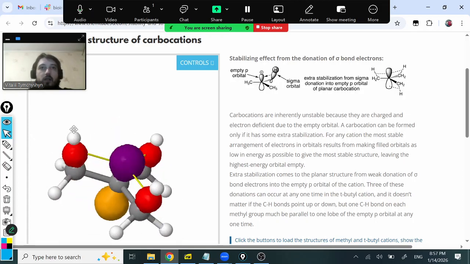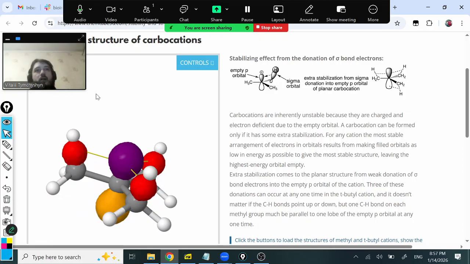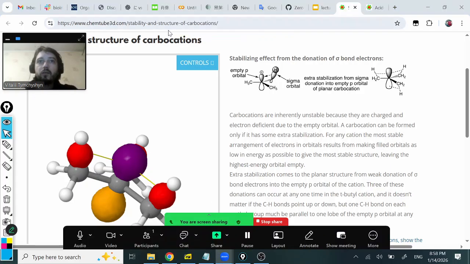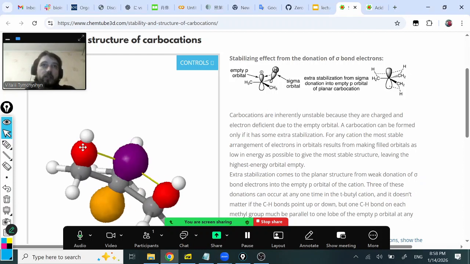That's because our sigma bonds are almost vertical, so they are almost parallel to this empty p orbital, and they are basically stabilizing this carbocation. And these are just regular sigma bonds.